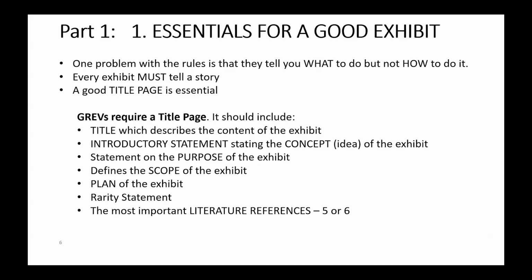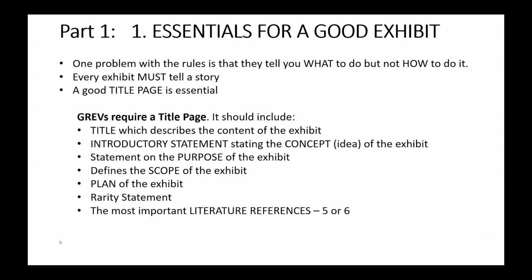In the Grevs, we require a title page, and it should include the title, which describes the context of the exhibit. You can have an introductory statement which gives the concept of the exhibit, and you state the purpose of the exhibit. My purpose for showing this airmail exhibit is to explain how the route between Perth and Adelaide was developed in the late 20s, something like that.